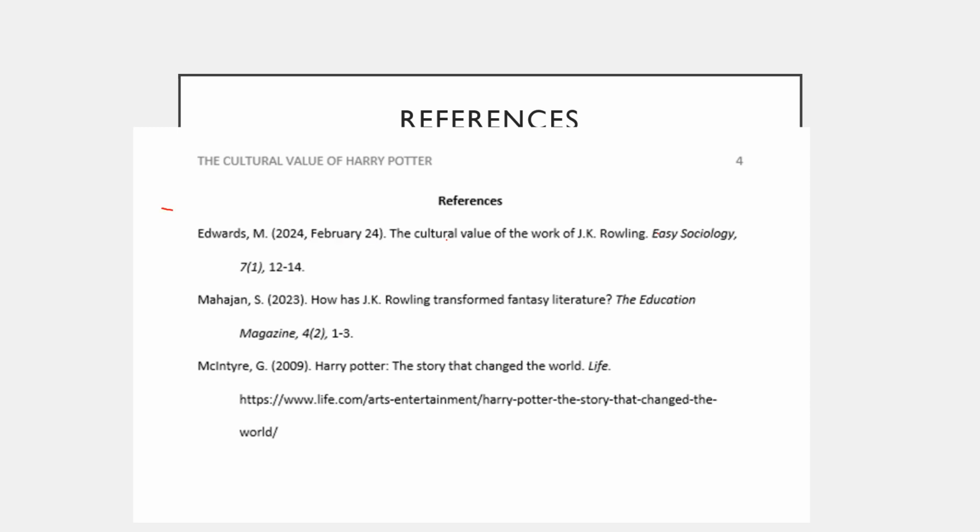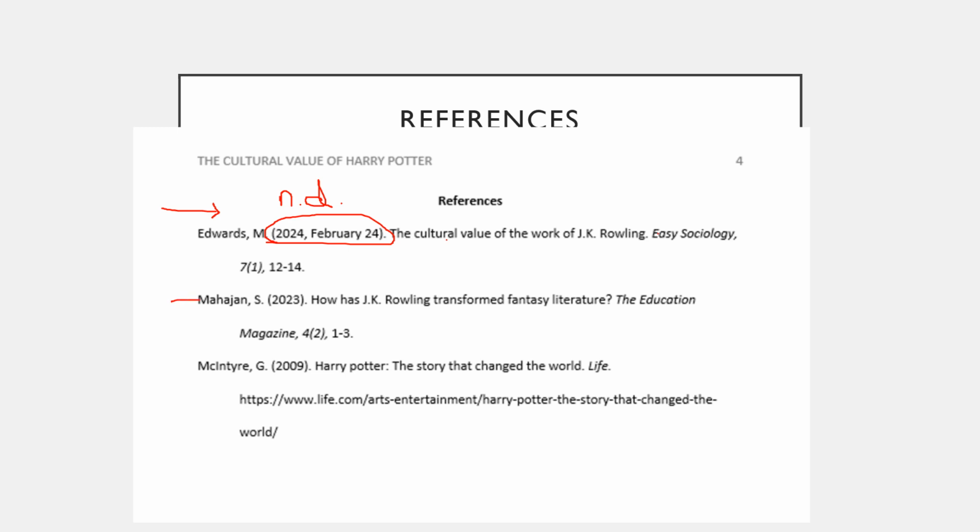And so that source would end up here. Sometimes you don't have a date on something you're looking at. And so we fill that in with N dot D dot. No date. So we would replace it with that.